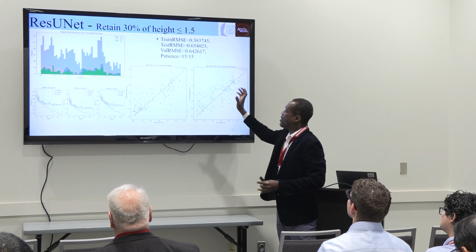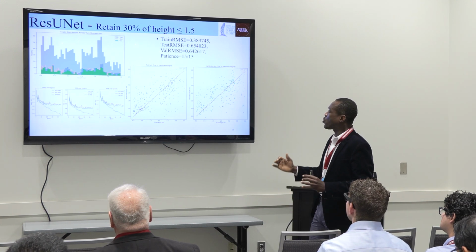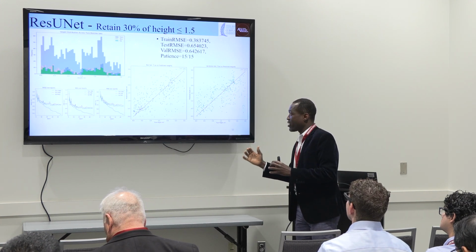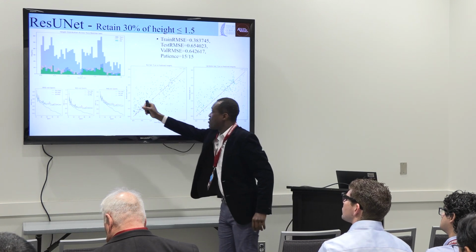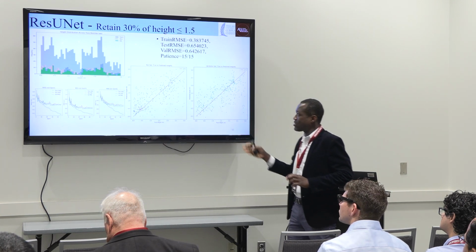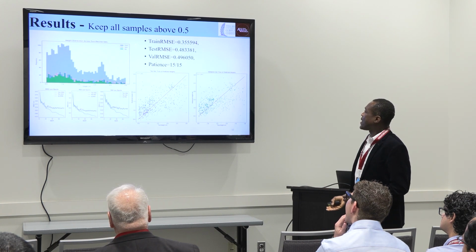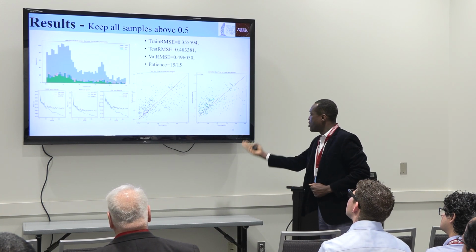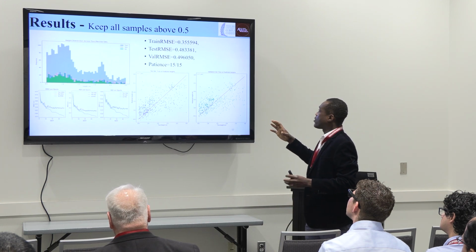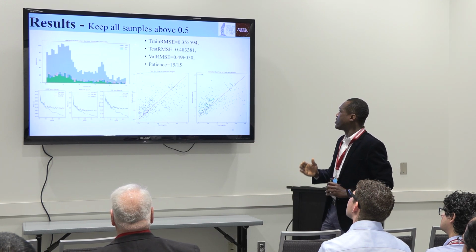Nonetheless, the test metrics actually increased a bit. So there was a kind of trade-off here. Nonetheless, the distribution of the data is more balanced compared to the first one. And then in the last one, which I used to do the prediction, all values below 0.5, I took out.